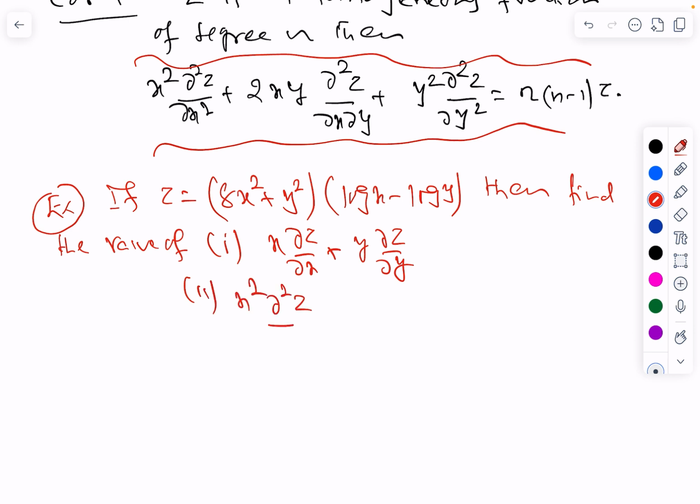Second, x² ∂²z/∂x² plus 2xy ∂²z/∂x∂y plus y² ∂²z/∂y².